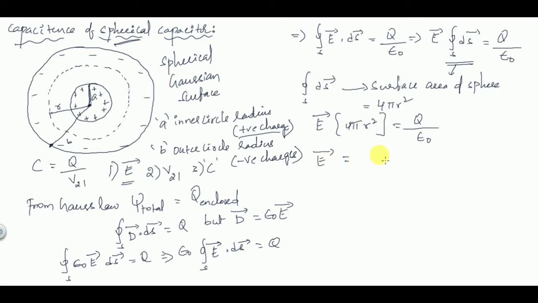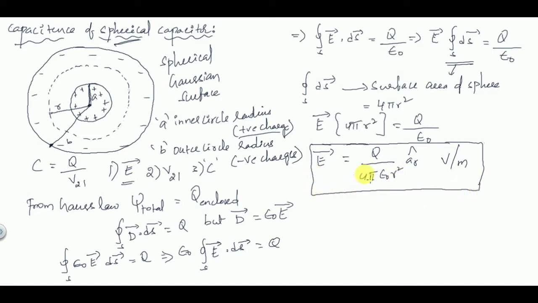So E bar is equal to Q by 4 pi epsilon naught r square into AR cap. Okay, so this is in volt per meter. So this is the formula for the electric field intensity for a spherical capacitor.